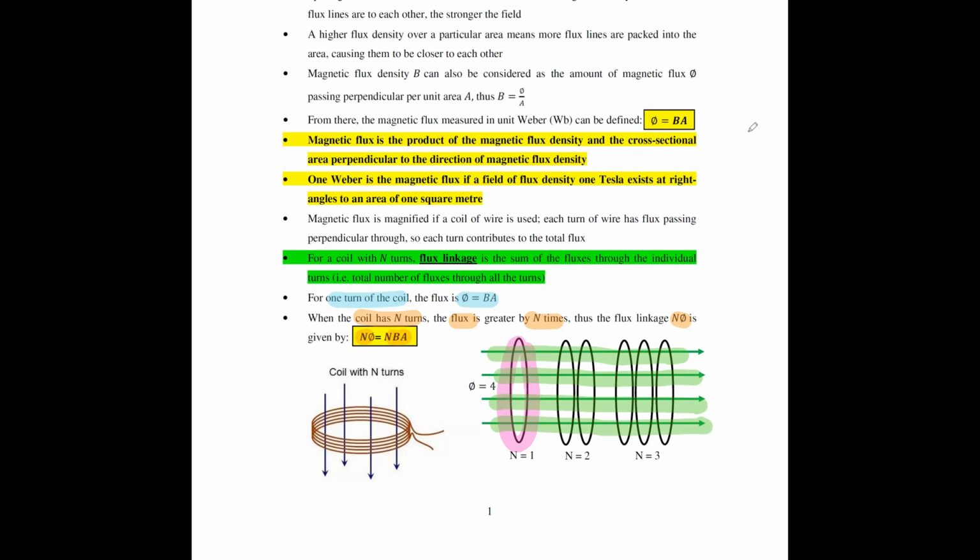So your flux is 4, but your number of turns is 1. In your case, your flux linkage is really just 1 times 4, giving you 4 only. But then you look at the second coil, you now have 2 turns here. You have 2 turns of your coil, and each turn has 4 flux passing through it.